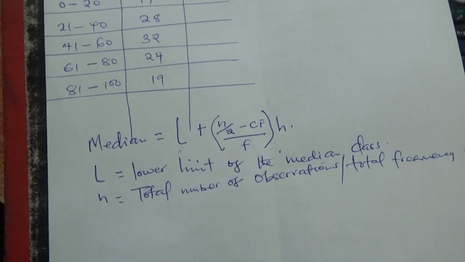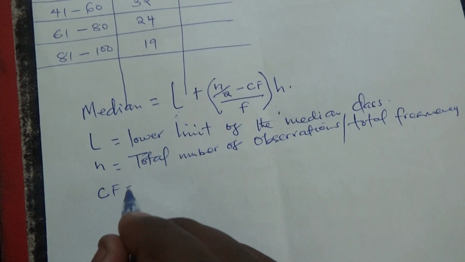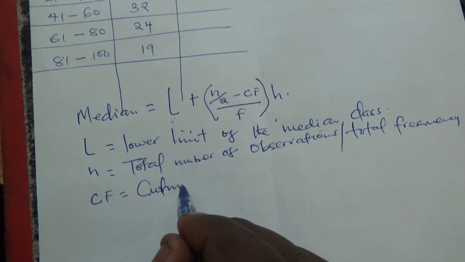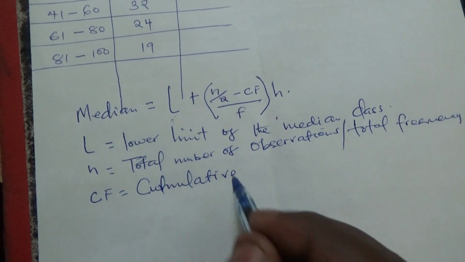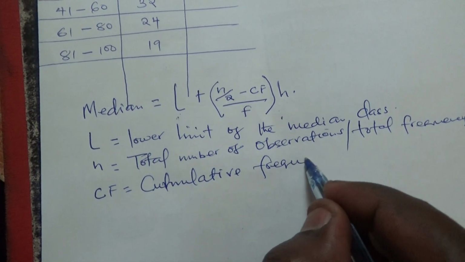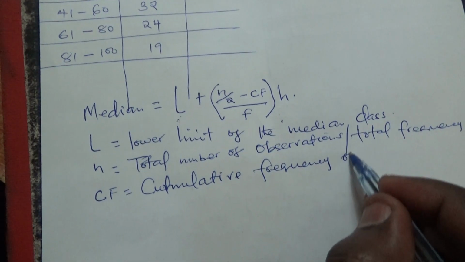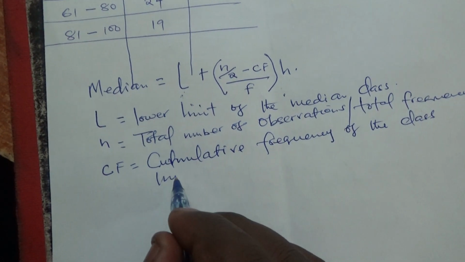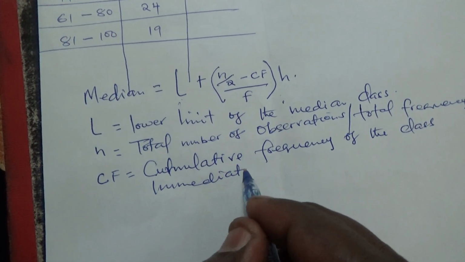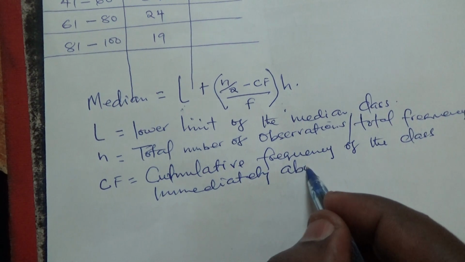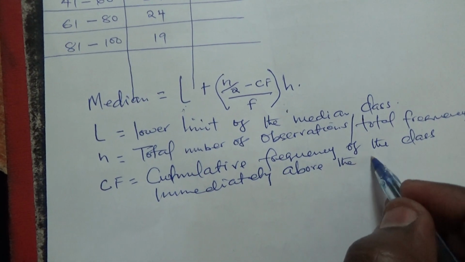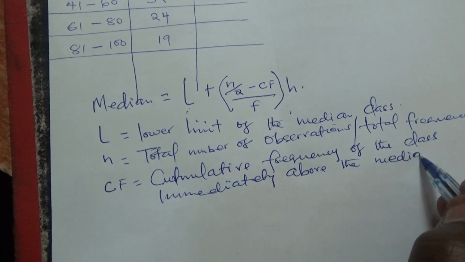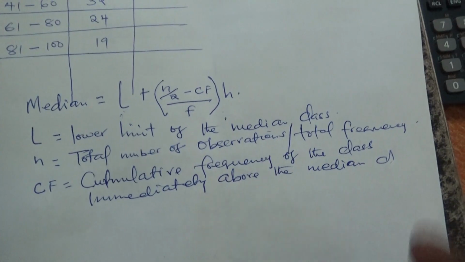And CF means the cumulative frequency of the class immediately above the median class.